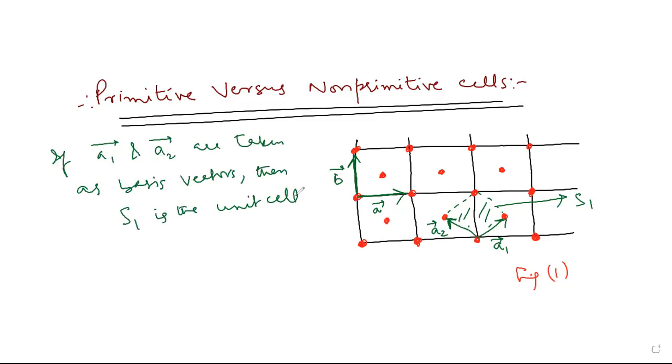However, the lattice may also be regarded as a set of adjacent rectangles, where we take vectors A and B as basis vectors. The unit cell is then the area S2, that is this area.